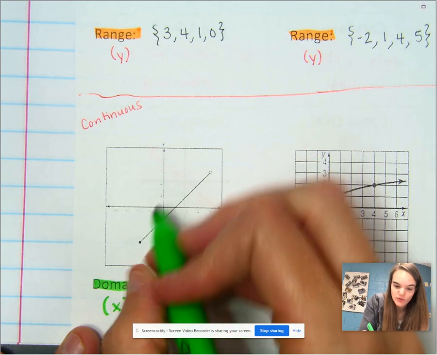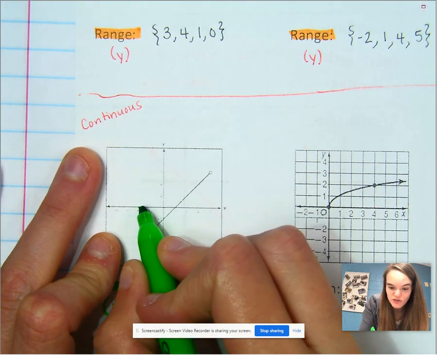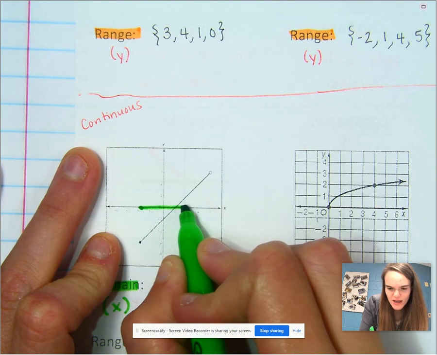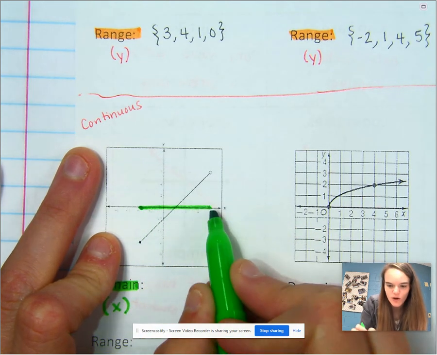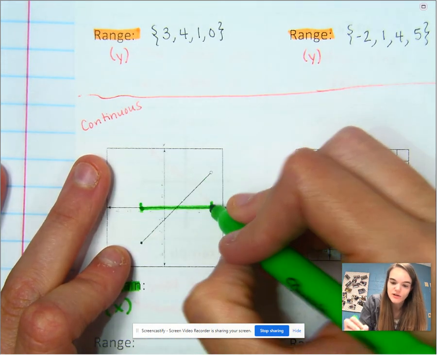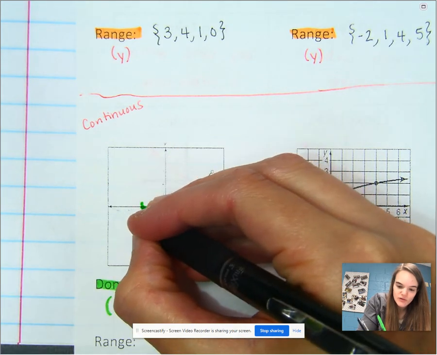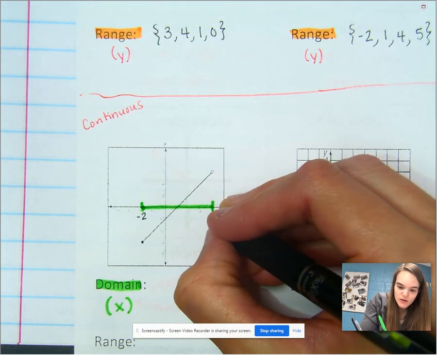Domain is x values. Notice how this x value right here is at -2, and it goes all the way to 4. So I'm going to write down, it went from here to here, that this started at -2, it ended at 4.